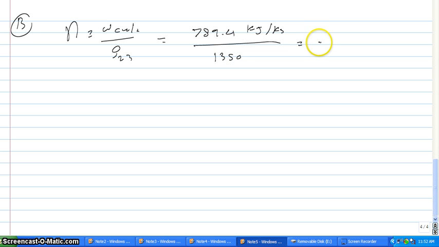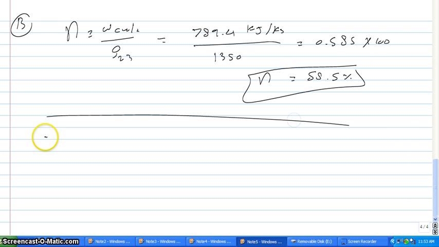That gives me 0.585, multiplied by 100 for the percentage, you will get 58.5%. This is the thermal efficiency.